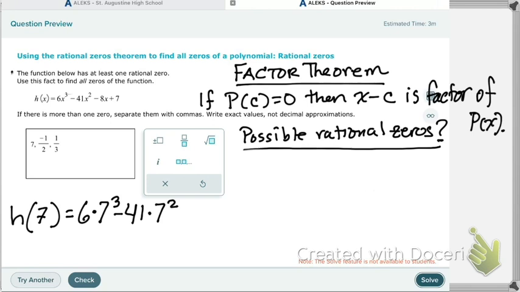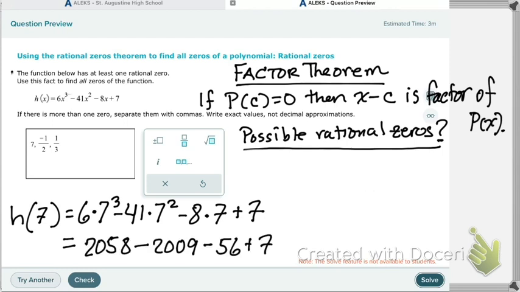Minus 41 times 7 squared minus 8 times 7 plus 7. Okay. Well, let's see here. I think, yeah, I'm definitely going to pull out a calculator on this. So there's a little bit of simplifying. Now this looks promising, right?